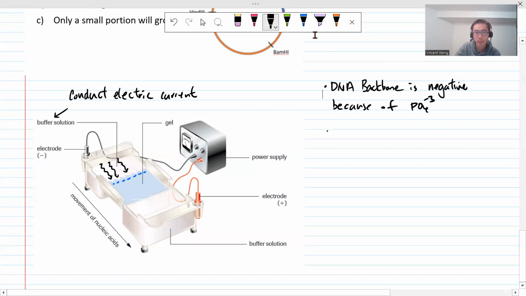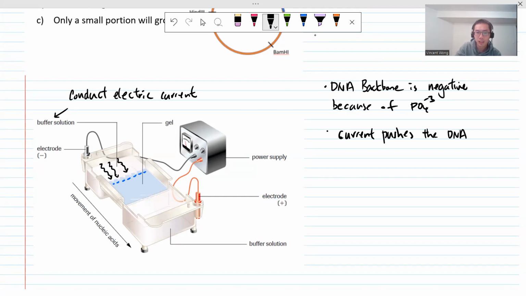Okay, so the current pushes the DNA towards the positive terminal. Okay, towards the positive terminal.